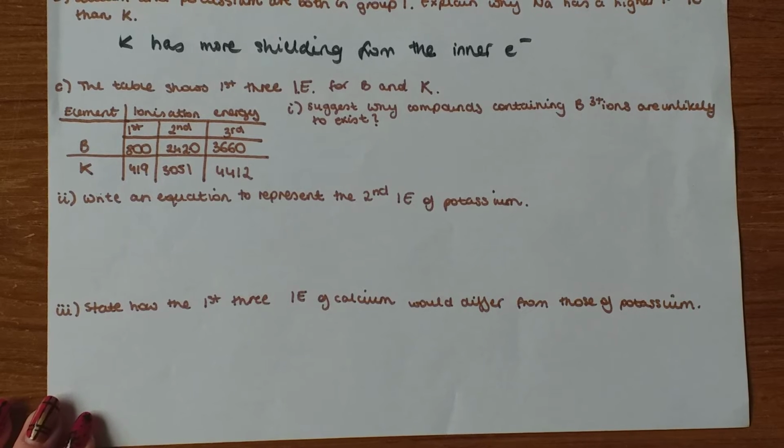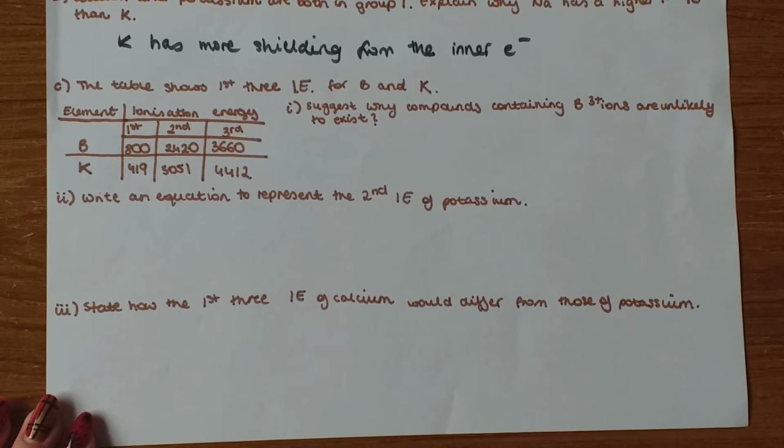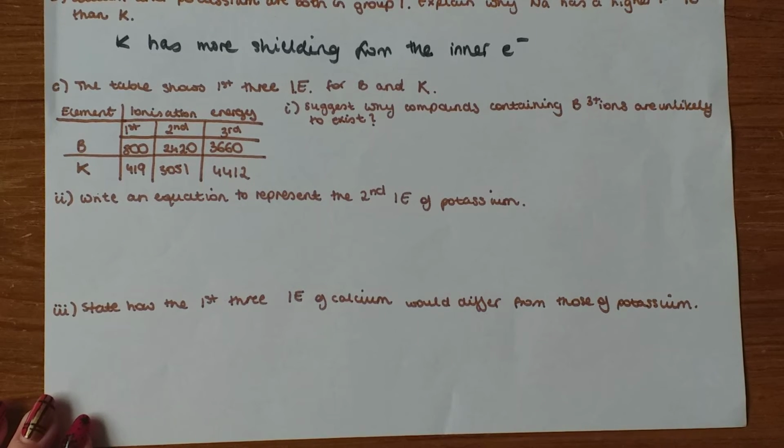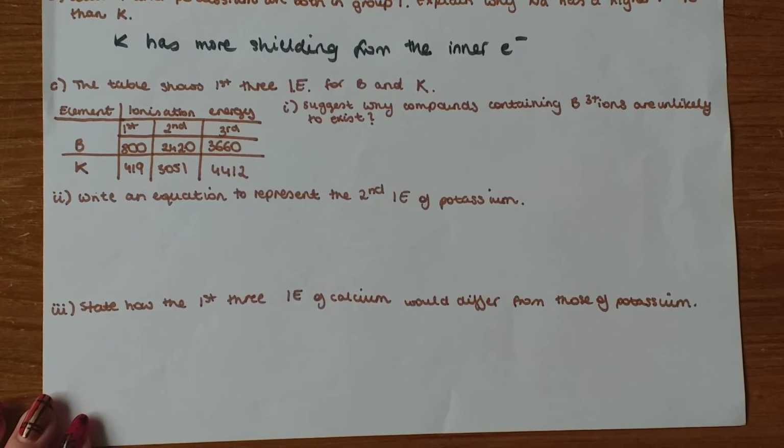Next question. The table shows the first three ionization energies for B and K. Suggest why compounds containing B3+ ions are unlikely to exist.